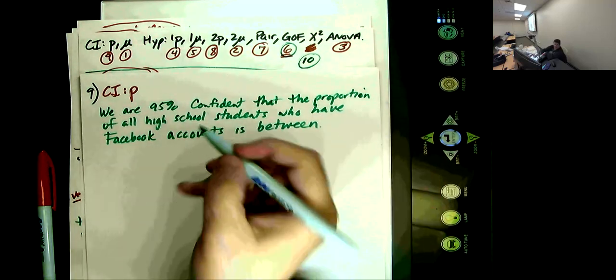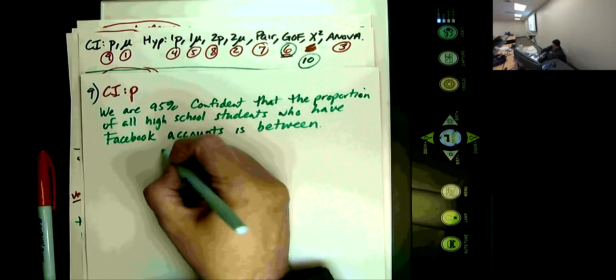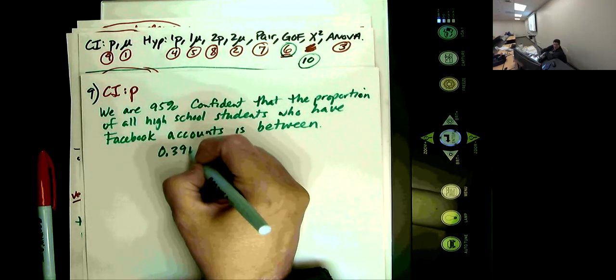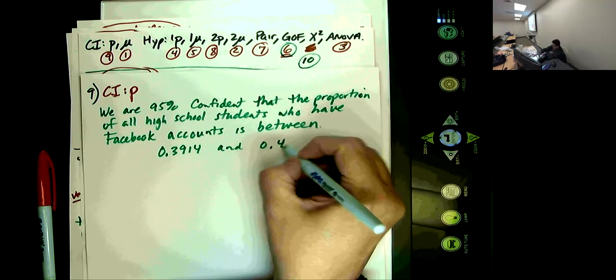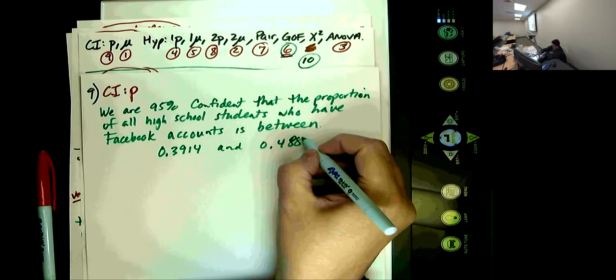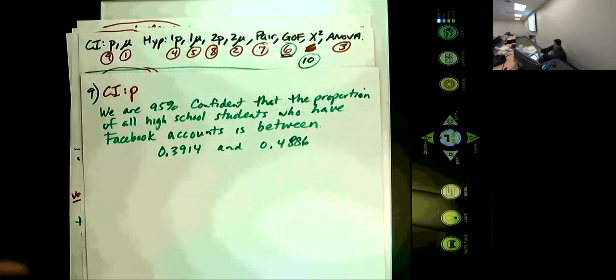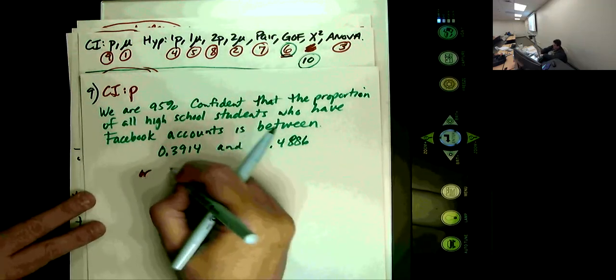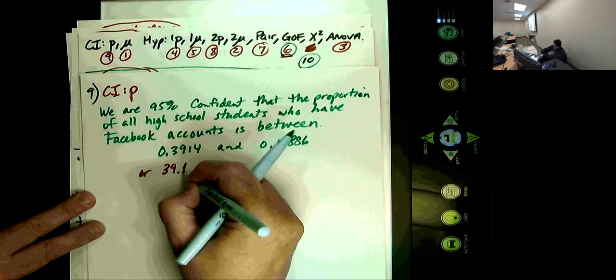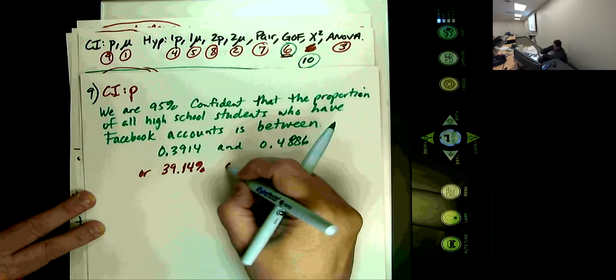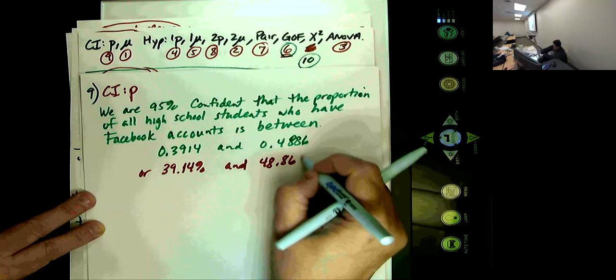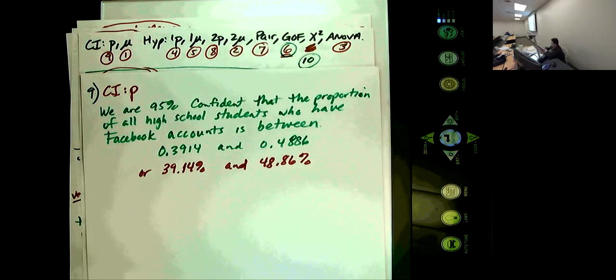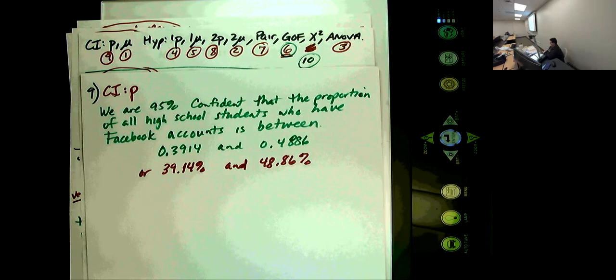There's a couple ways you can say this. You can just leave them as the limits that are listed, 0.3914 and 0.4886. Or you can switch this to percentage and say 39.14% and 48.86%. Which is probably, by the way, most humans would read this sentence.